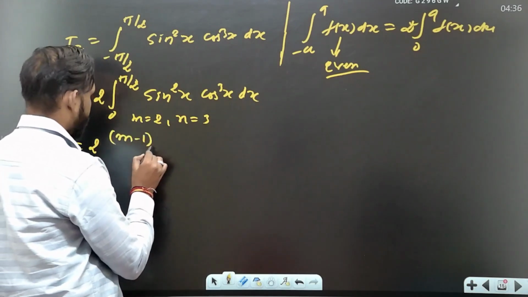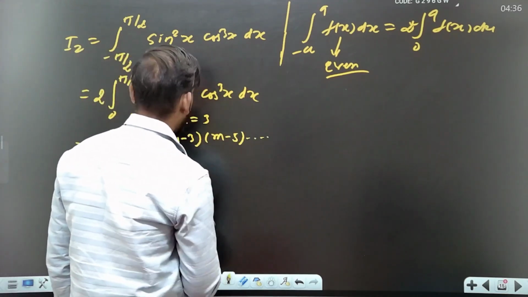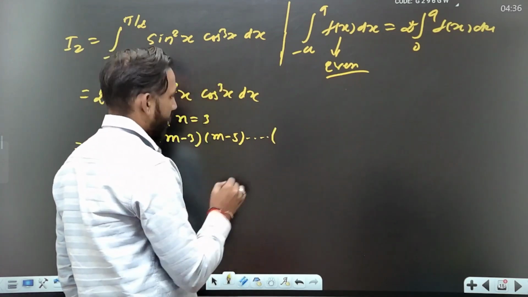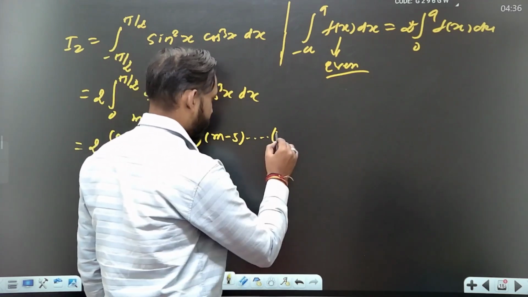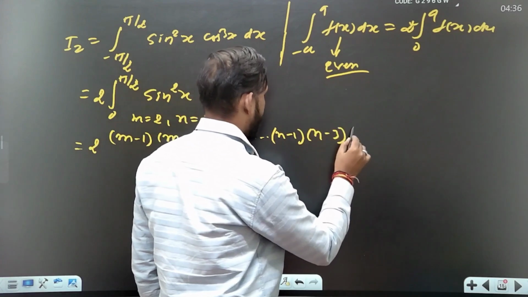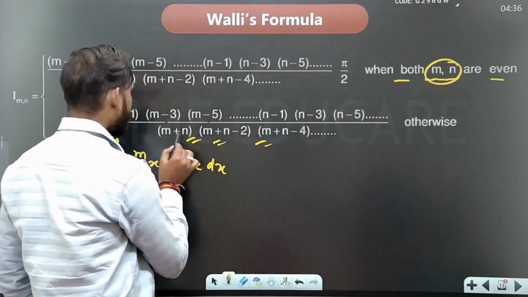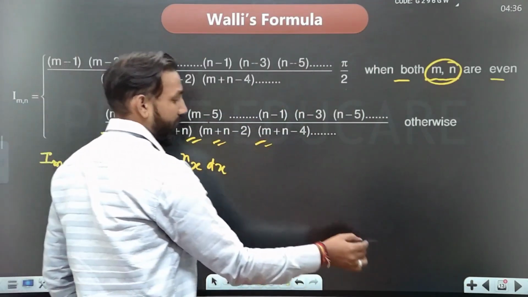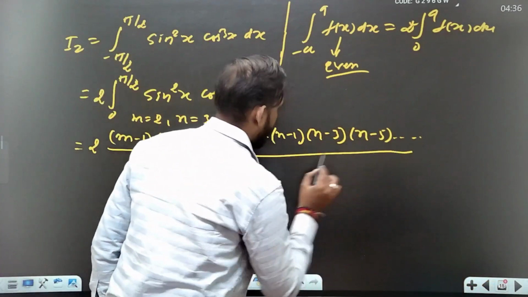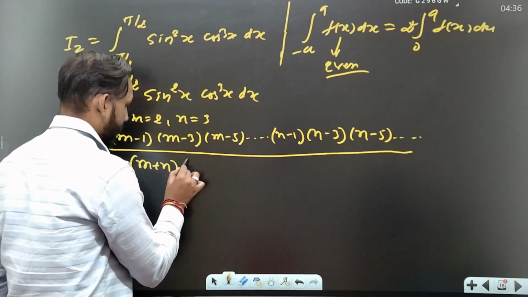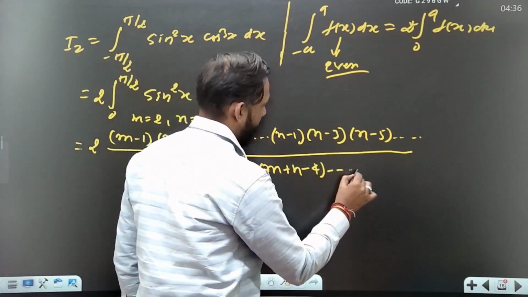Okay, now m minus 1, m minus 3, m minus 5 and so on, and n minus 1, n minus 3, n minus 5 and so on, and we divide this thing by m plus n, m plus n minus 2, m plus n minus 4 and so on, right?